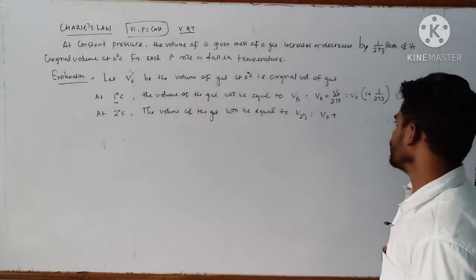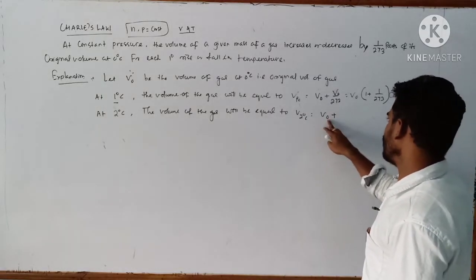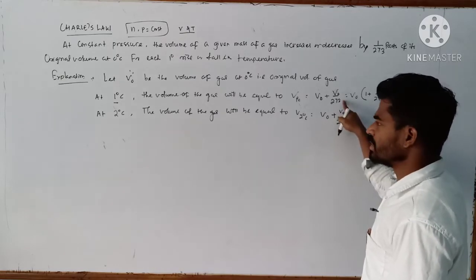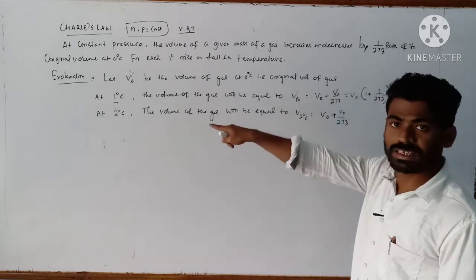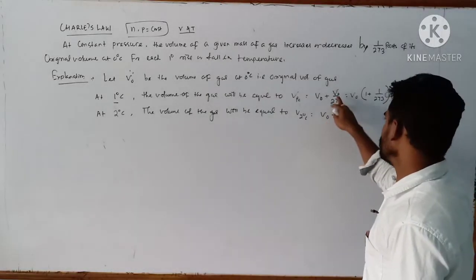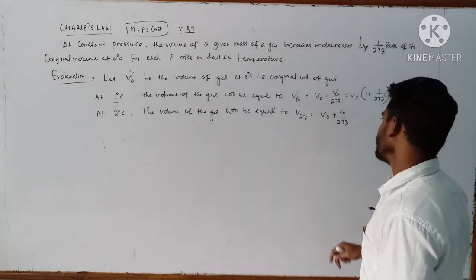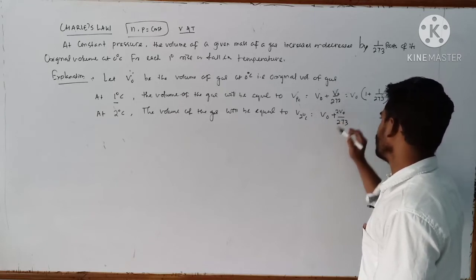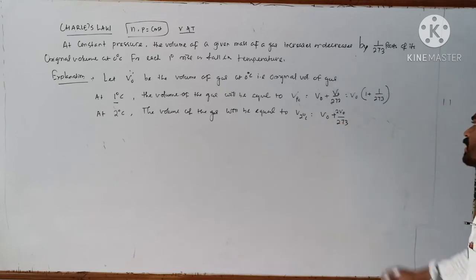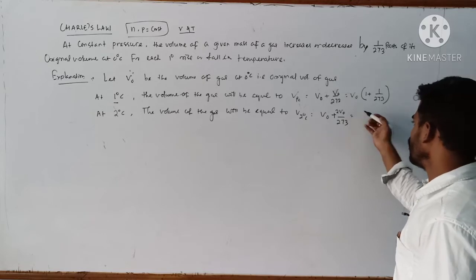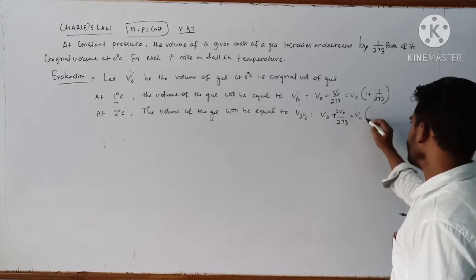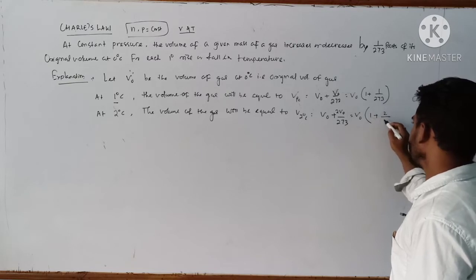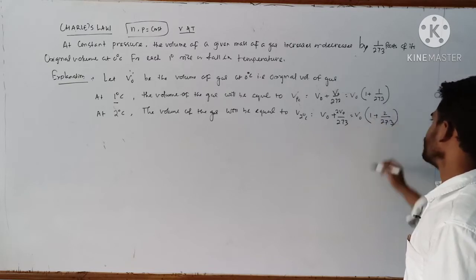At 1 degree centigrade, the volume was V naught plus V naught by 273. Then further for 1 degree centigrade, that is at 2 degree centigrade, the increase will be again this much, V naught upon 273. So V naught upon 273 plus V naught upon 273, that will be 2 V naught by 273. So that will be equal to, I can write, V naught into 1 plus 2 upon 273.